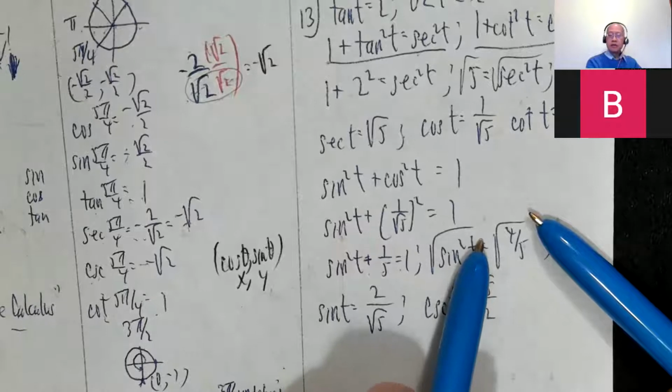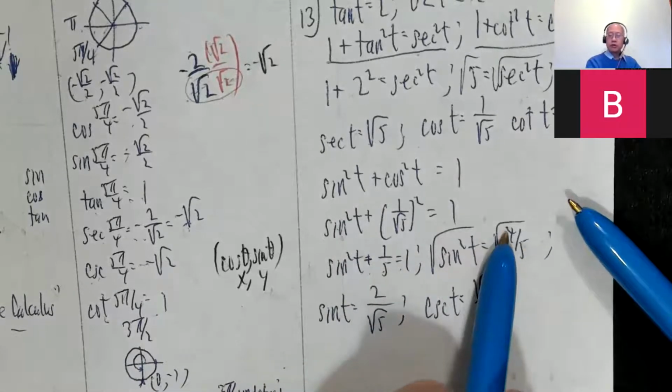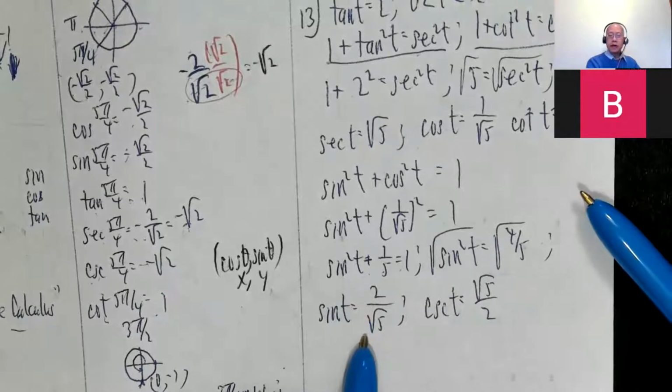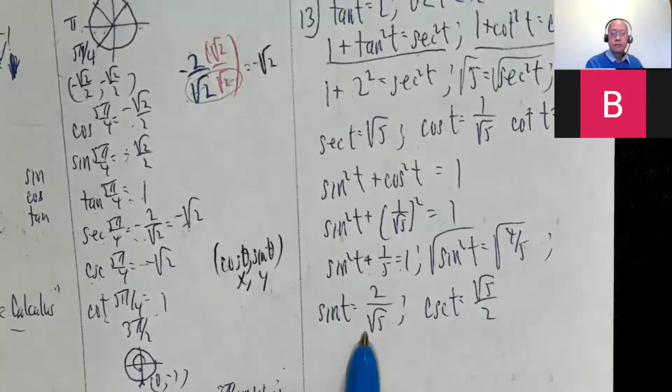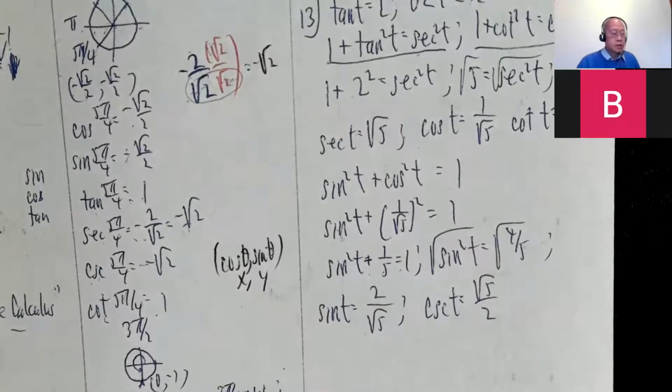I don't have to do plus or minus because I'm in quadrant 1. So sine of t is square root of 4, which is 2, so 2 over radical 5. And therefore cosecant, flip it, radical 5 over 2. And there we go. All right, so that is that.